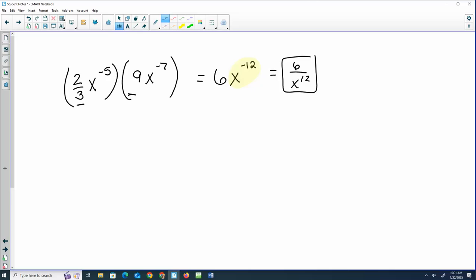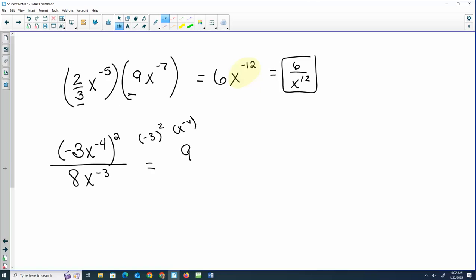Alright, one more. If I said, so if we start on the top, we have to square everything. So what is -3 squared? What is x to the -4 squared? Okay.